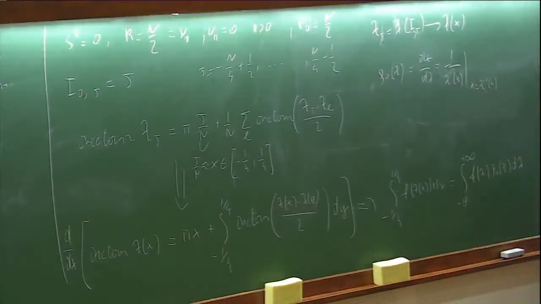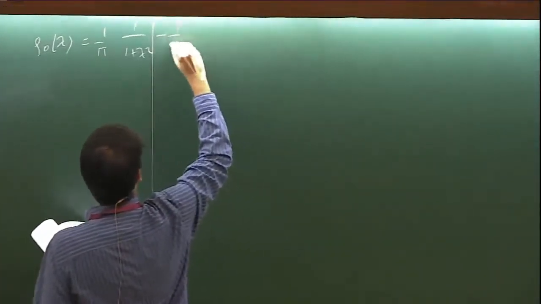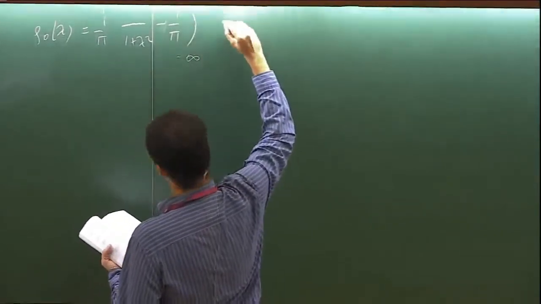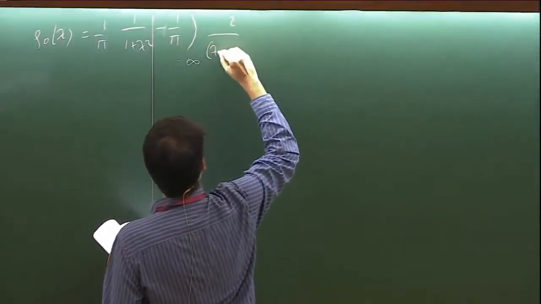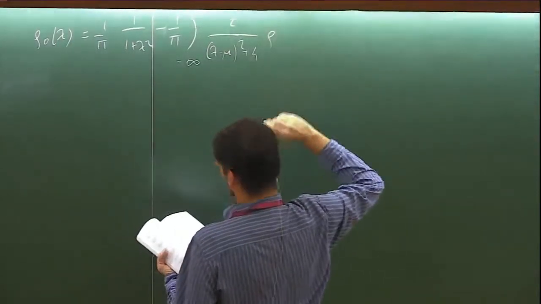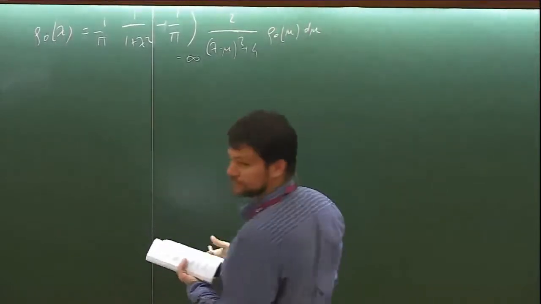And what I get, reshuffling the terms, is lambda rho 0 of lambda equal to 1 over pi, 1 plus lambda squared, minus 1 over pi integral from minus infinity to plus infinity of 1 over lambda minus mu squared plus 4, rho 0 of mu in d mu.